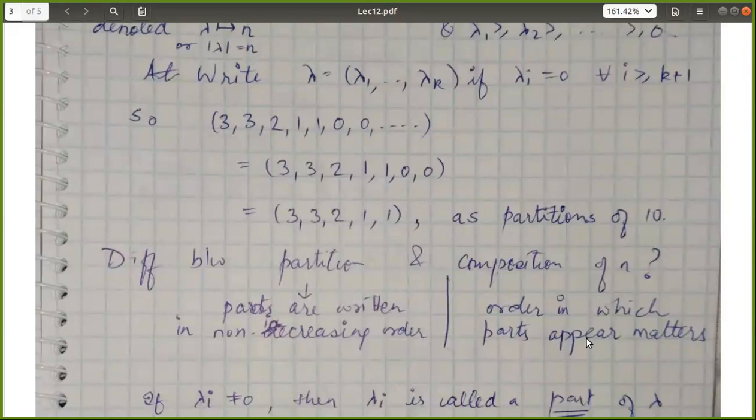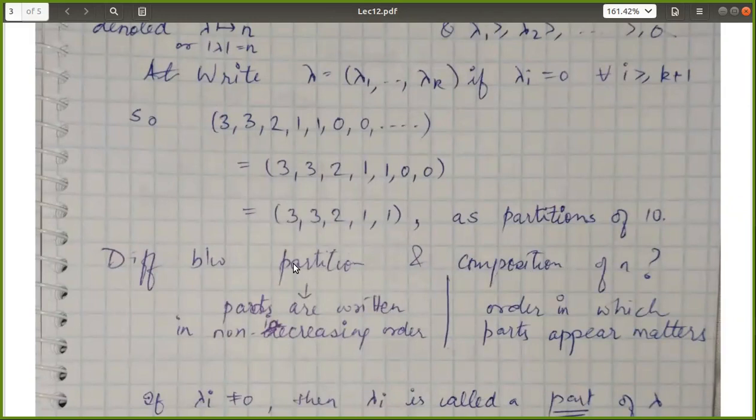So here you had all possible compositions. I should not say partitions. Compositions include all the ways in which a number can be written as a sum of positive integers.